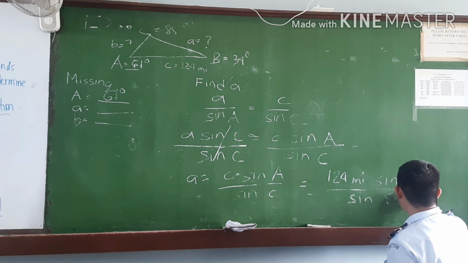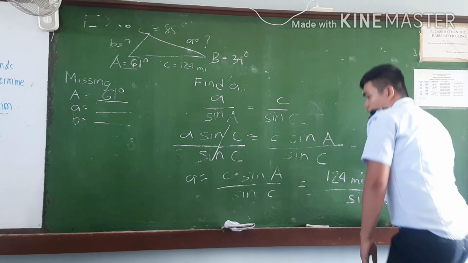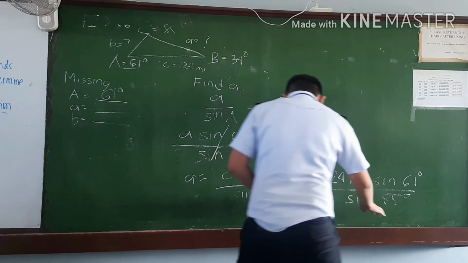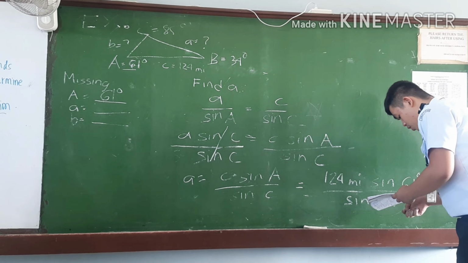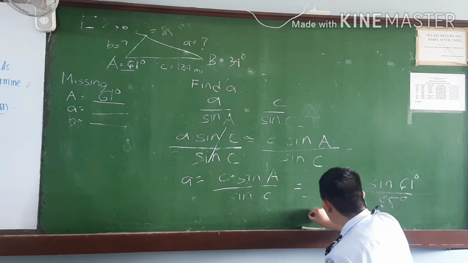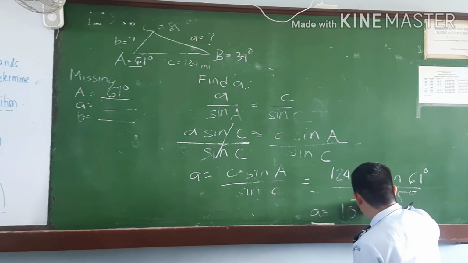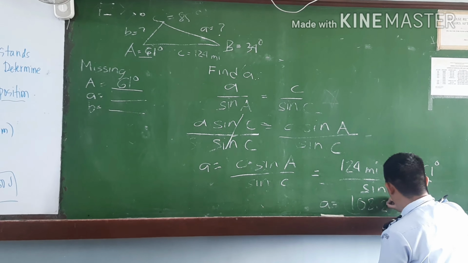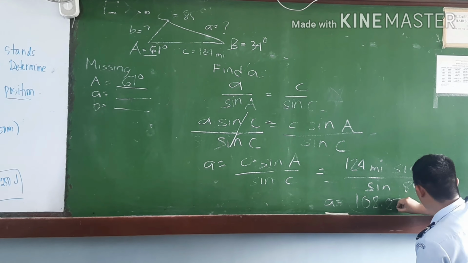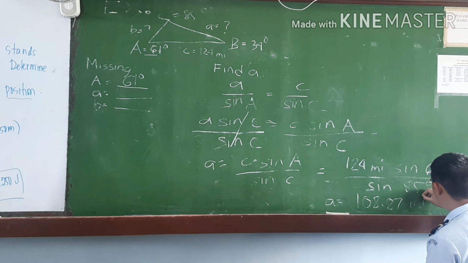So we divide in order to get the answer. The answer is A equals 108.87 miles.